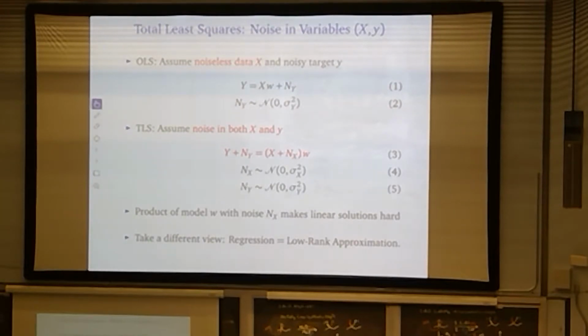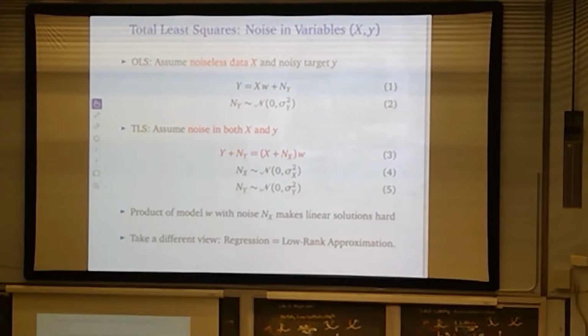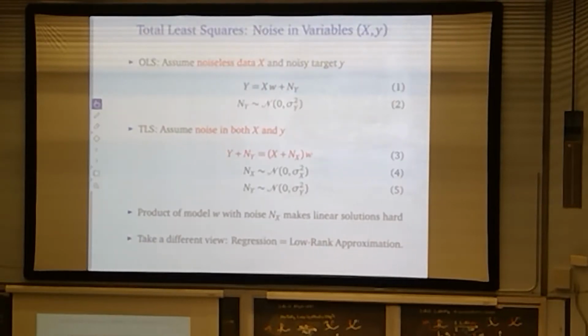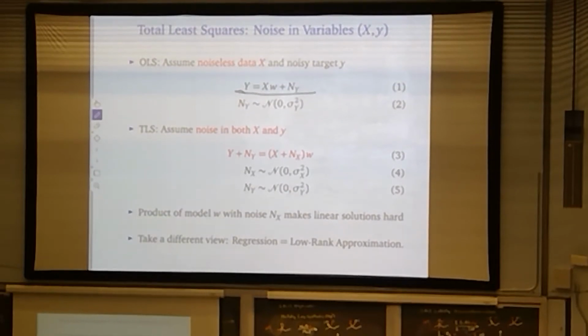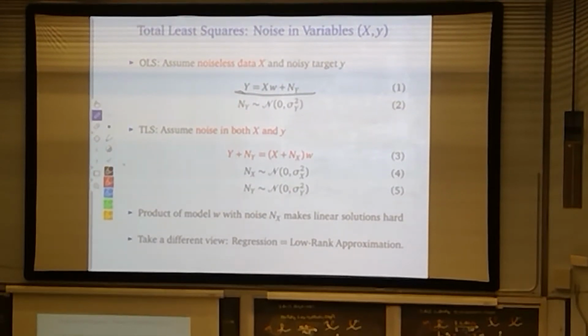So in the ordinary least squares regression, it's noiseless data, and you try to fit a linear combination of x approaching y. In TLS, you have noise in both x and y.